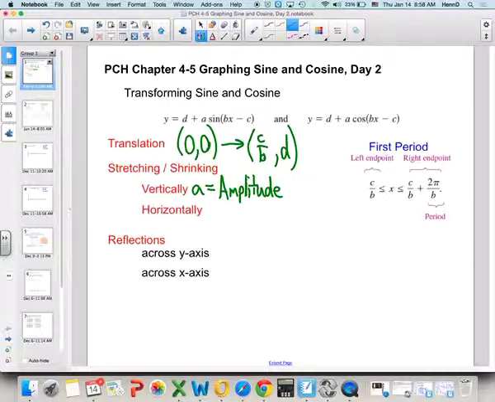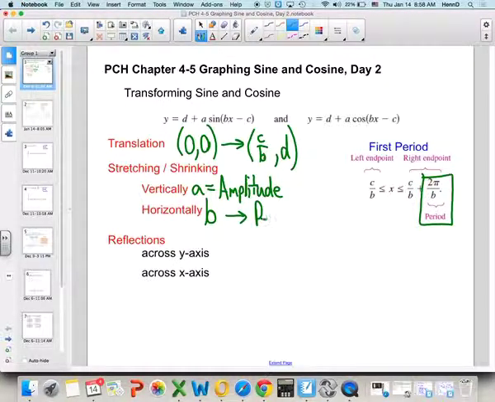It's stretched or shrunken horizontally with b. That's what the x is multiplied by, and that's what we've seen already. That horizontal stretch or shrink is going to impact the period, and the period, you can see right here, the new period, if it's changed, is 2 pi divided by b, okay?